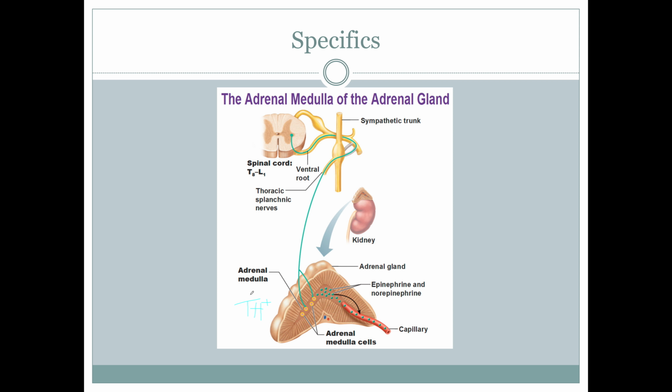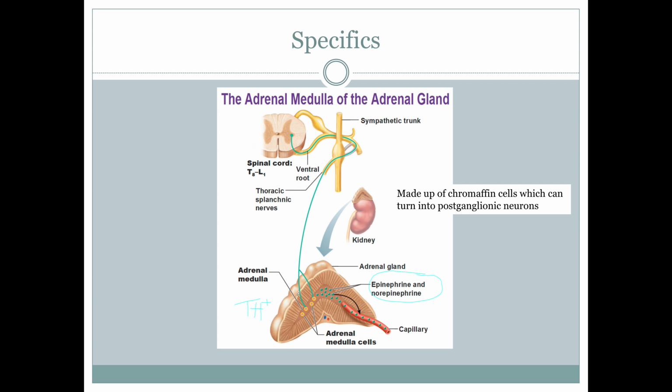They allow tyrosine to be modified by tyrosine hydroxylase, then into dopa, then dopamine, then epinephrine and norepinephrine. So this is how we drive a prolonged sympathetic response. They are modified postganglionic neurons. They're not technically neurons, but they do the job of what a postganglionic neuron would do. And then this epinephrine and norepinephrine enters the bloodstream and can circulate to prolong a sympathetic response.